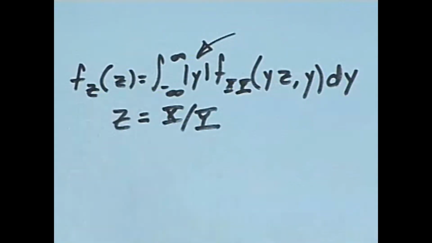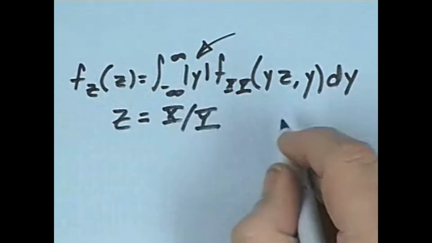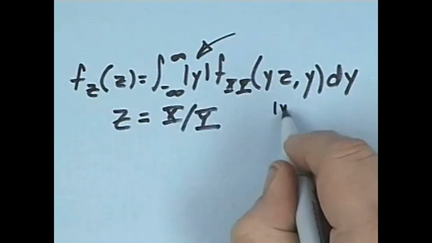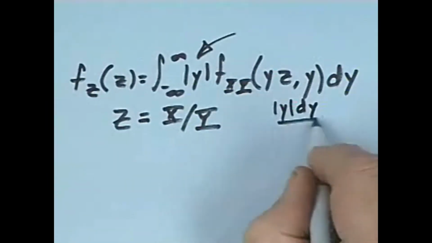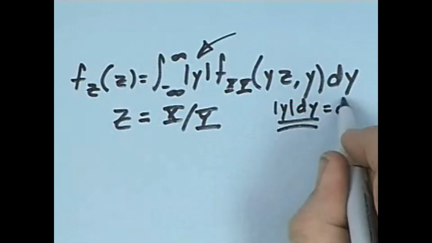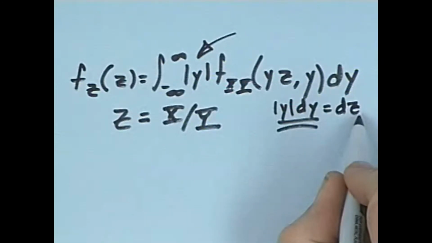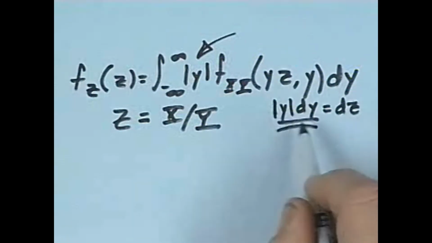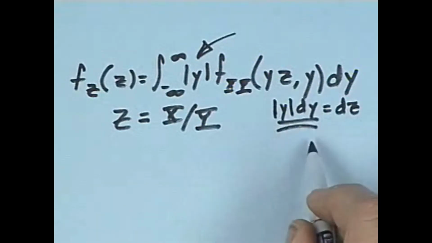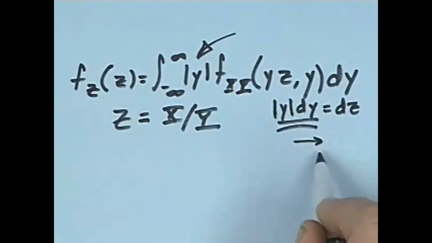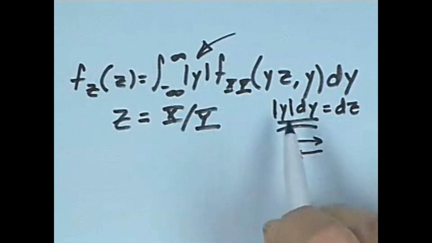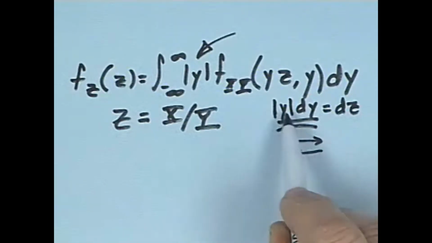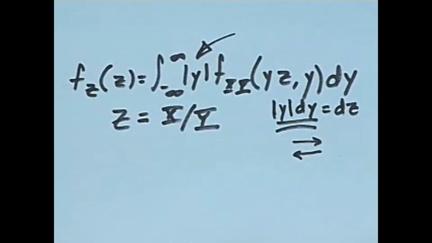I believe this also comes from the fact that the y dy was actually a substitution for dz. Anytime you perform a variable substitution of this sort, you need to put the magnitude here, because the dy is sensitive to whether you're integrating to the left or to the right, and you have to make sure that in either case it's a non-negative value.